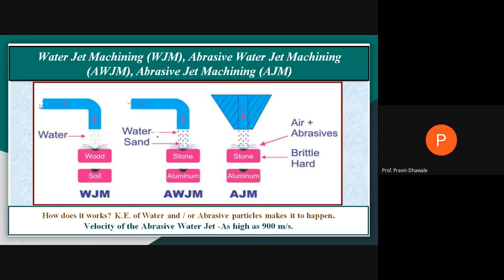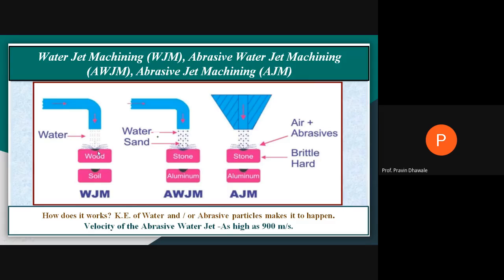When high pressure water comes out from the nozzle, it produces a high velocity water jet. When that jet strikes the workpiece, material is removed by the striking action of the high velocity water particles.